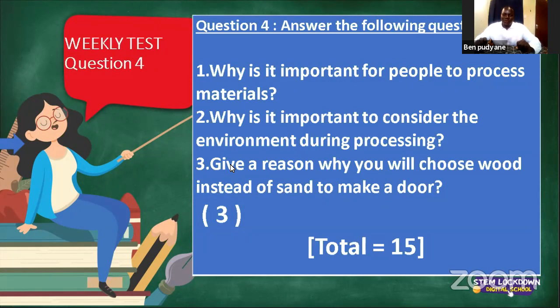Number 2, why is it important to consider the environment during processing? The last one, give a reason why you will choose wood instead of sand to make a door.